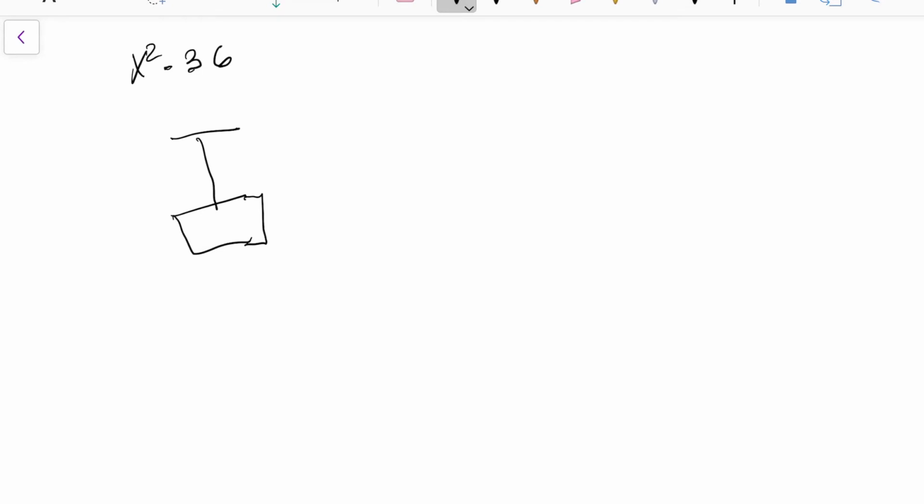So again, let's first identify A, B, and C here. What is our A? Pause for a moment and label your A, B, C, and then come back when you're ready. Okay, so A would be 1, B would be 0, because a quadratic equation is written like this.